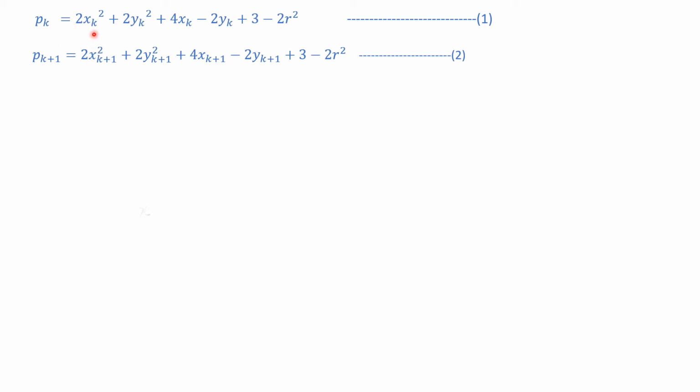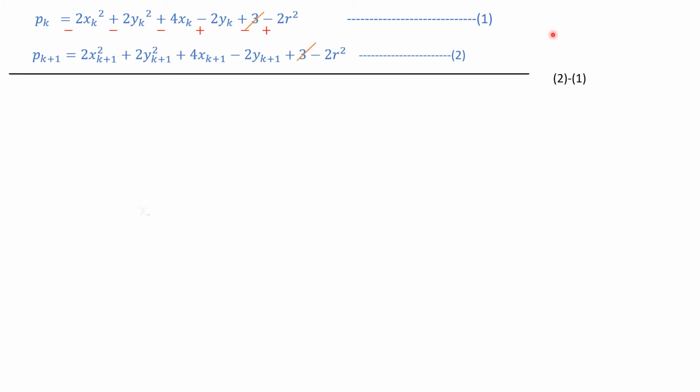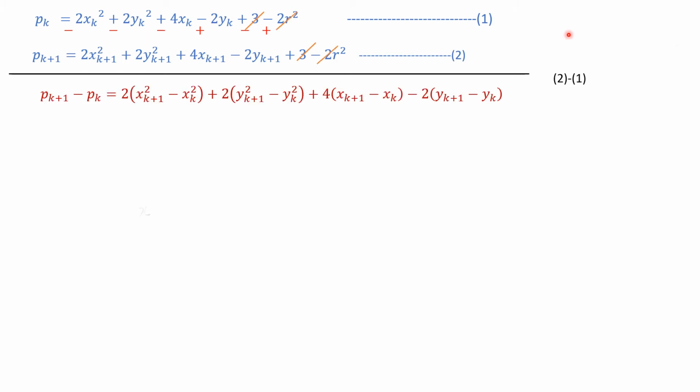changing the equation by substituting x with the next value of x, y with the next value of y. And then we subtract equation 1 from 2, and after subtraction we find that the 3 and 3 get cancelled out, 2r square and 2r square cancel out, the remaining terms are copied down, and the equation comes out to be this.